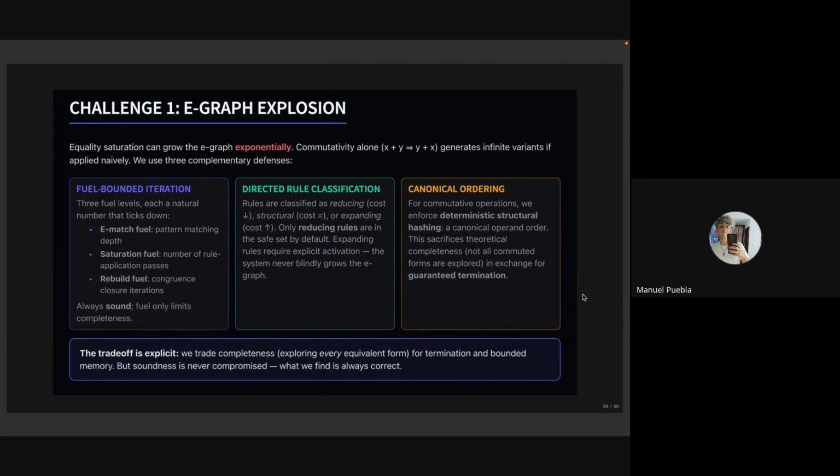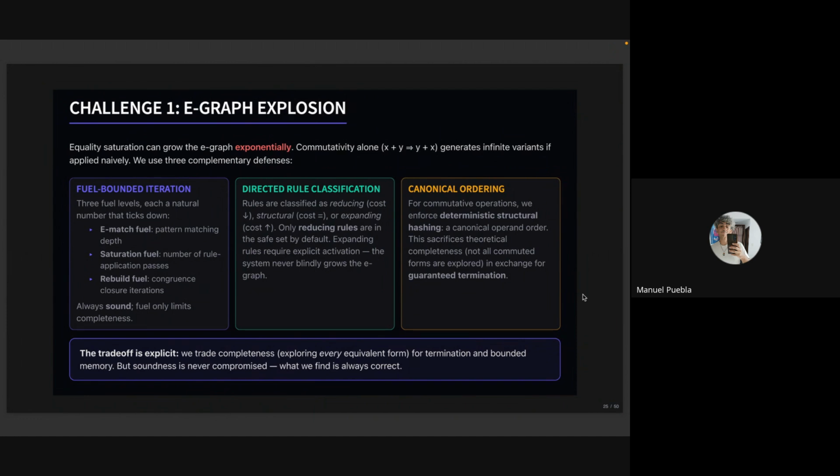Now, challenge number one, the e-graph explosion. Saturation can grow. I mean, just commutativity alone generates infinite variants if you apply it naively. So we have some guardrails against the explosion.